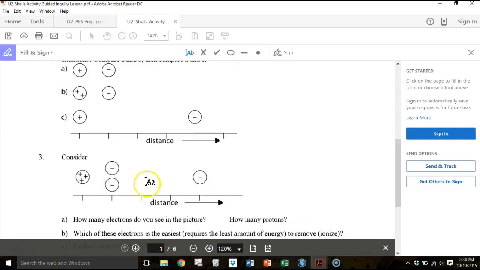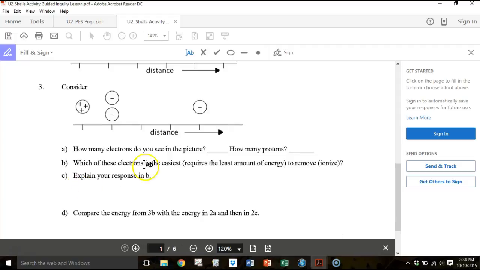We do see that this larger charged nucleus in depiction 3 here, there's 3 electrons, 3 protons, and clearly the larger distance electron, that's going to be the one that's easiest to remove. Because again, if we look at that equation for the electrostatic attractions between this electron and the nucleus versus these 2, this one's going to be a lot smaller of a value because of that distance factor in the denominator.